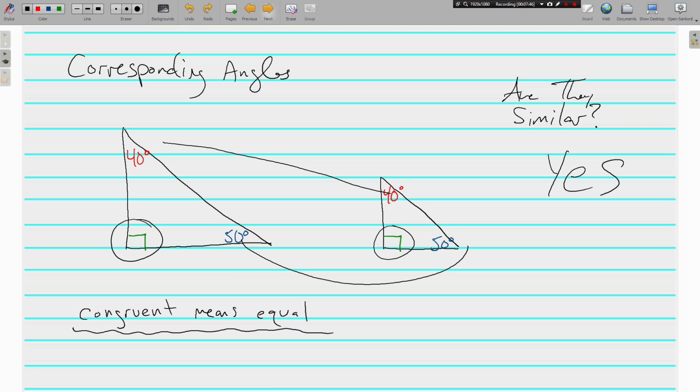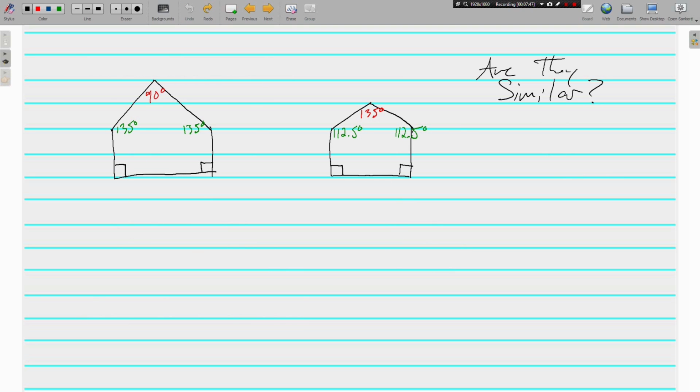Let's look at another one. Well, here are some pentagons. So are they similar? Looks like we have right angles on the bottoms of both of them. But then up here at the top, the red angle, we've got a 90 and a 135. And then the green angles are different.